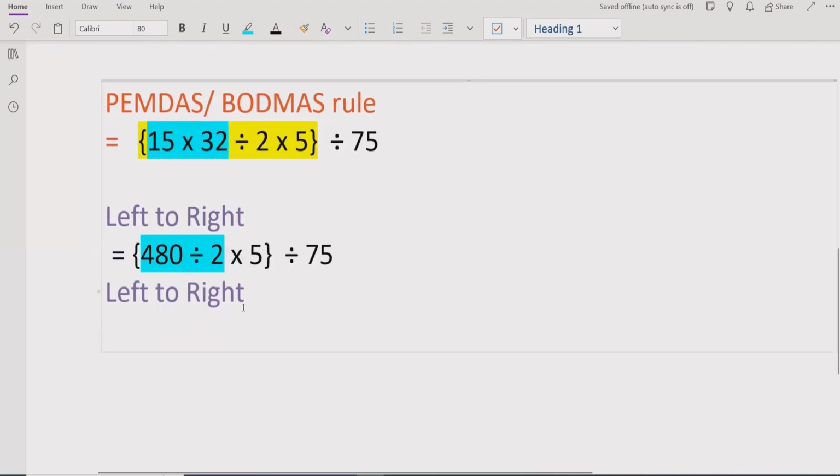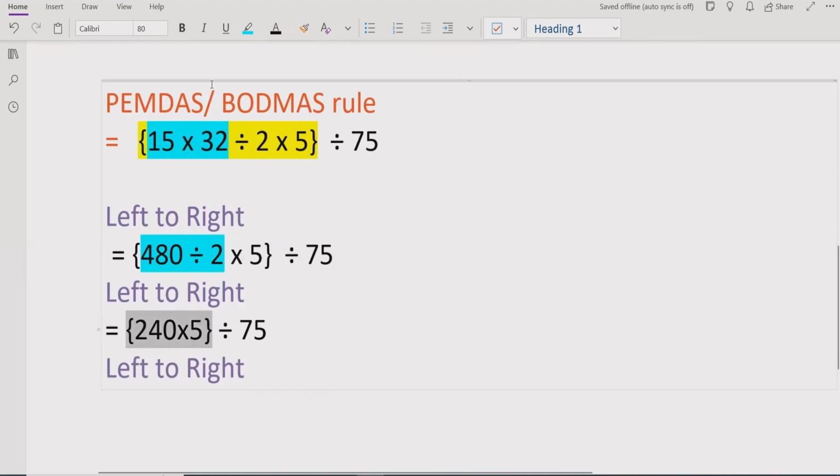So now we will solve 48 divided by 2, which equals 24, and multiply by 5, and again we will write the rest, divided by 75, as it is. And now again we have to go left to right and solve this curly bracket again.